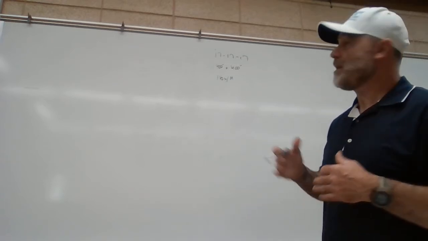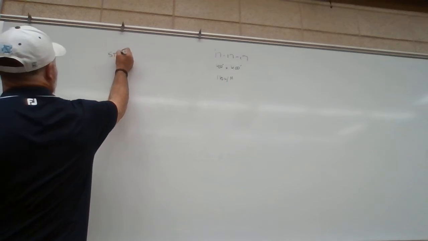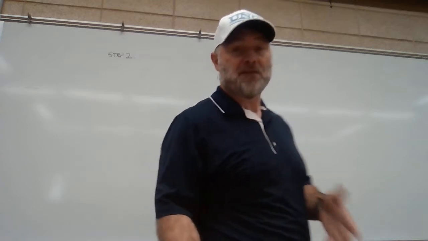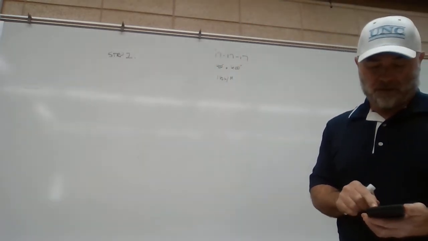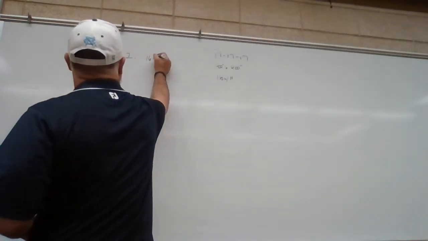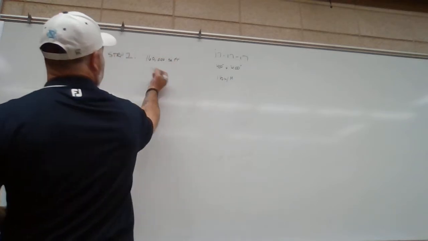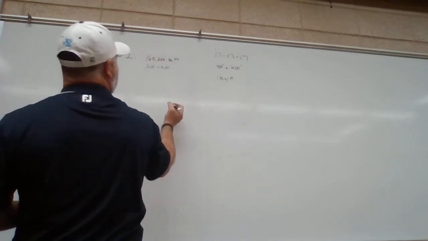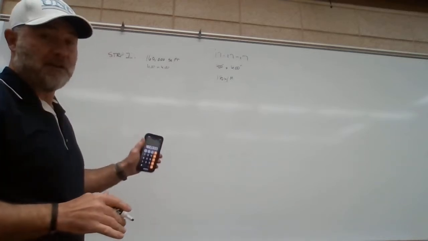Okay? So I can work with this. So step one, get everything in square feet, right? So 400 times 400, that's 160,000 square feet. Get everything in square feet.